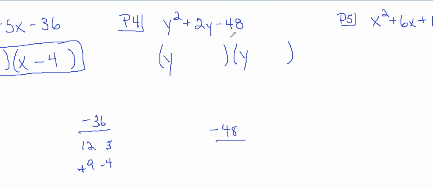You'll notice when it's a negative last number, my possibilities are a positive and a negative number, which have to subtract to give me the middle number here. So in this case, I'm going to have 8 and 6. And it looks like the 6 is negative, 8 is positive. So I've got y plus 8 and y minus 6.